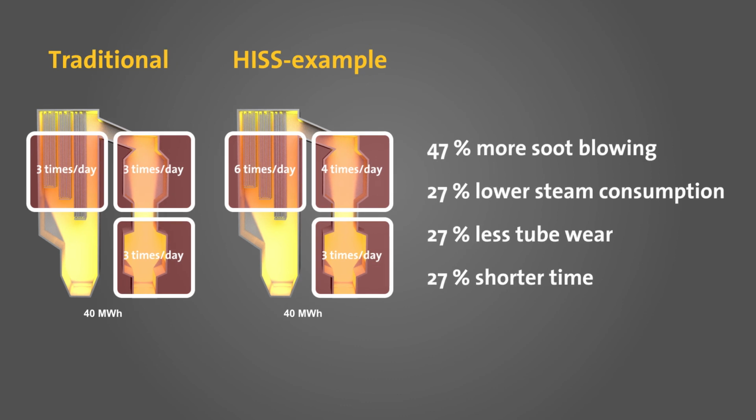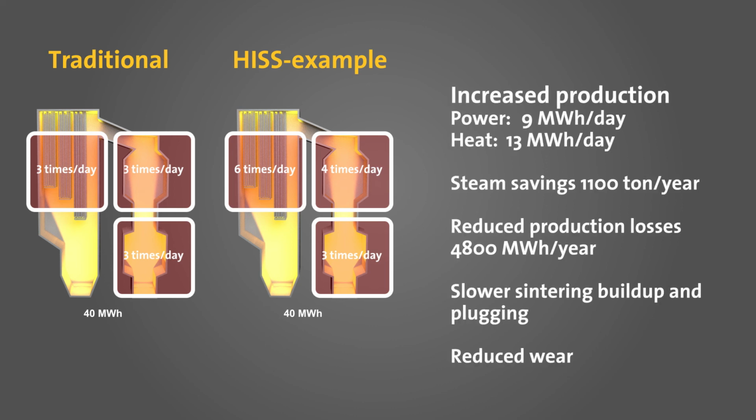Soot blowing this way means approximately 47% more soot blowing in total, while consuming 27% less steam and wearing the boiler out at a 27% lower rate, during a 27% shorter disturbance time. The result is an increased overall efficiency of the heat and power generation, allowing for an additional daily yield of 9 megawatt-hours electricity and 13 megawatt-hours of heat from the same amount of fuel.